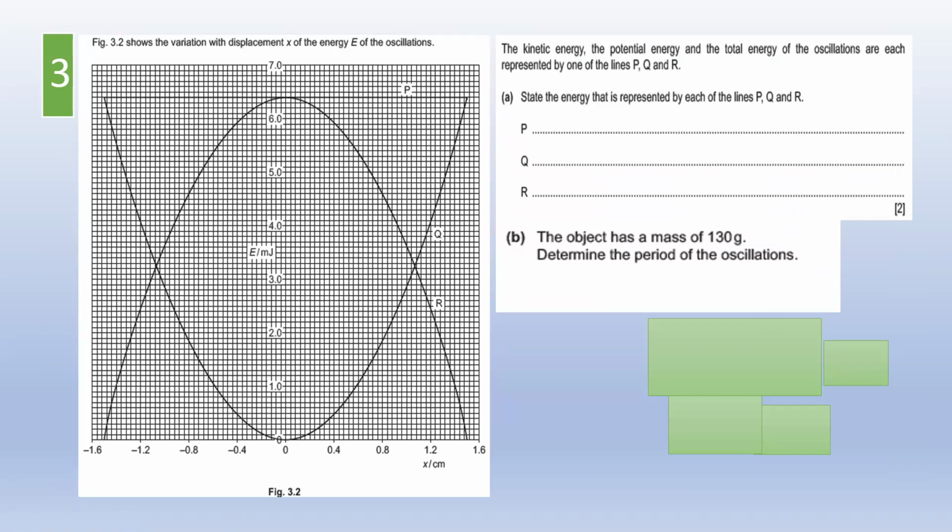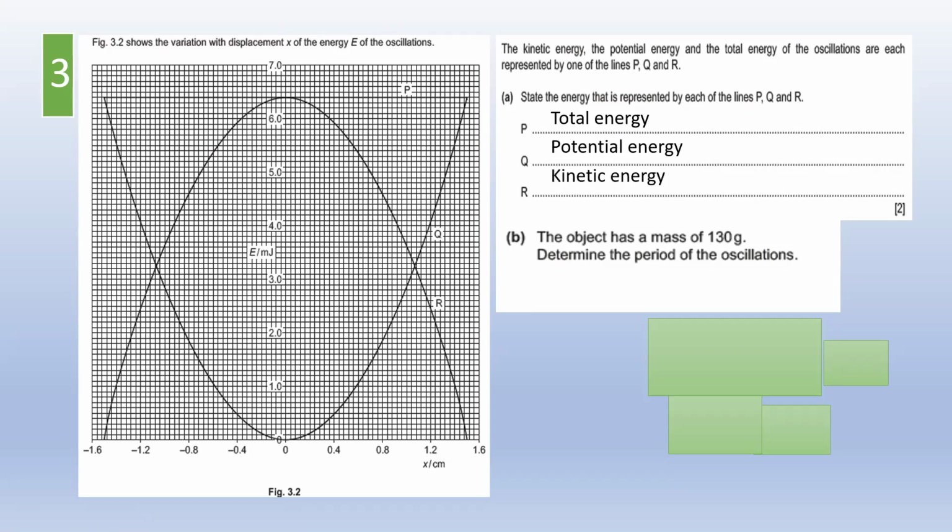Okay, what is P? Yeah, what is P? P is the total energy. Q? Potential. Potential energy?